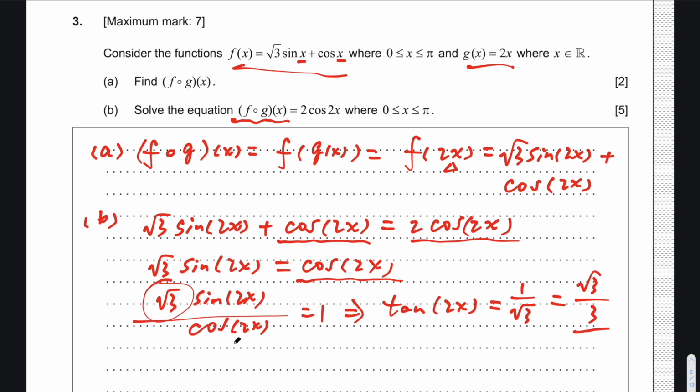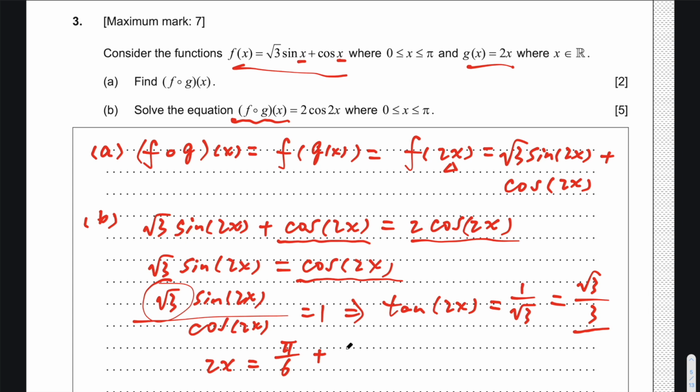Okay, so tangent of an angle is equal to this. So that means 2x equals, we know in the first quadrant, when the angle is pi over 6, the tangent of pi over 6 is root 3 over 3, right? So that means pi over 6, and since tangent is a periodic function with a period of pi, okay, don't use 2 pi here because that's for sine and cosine.